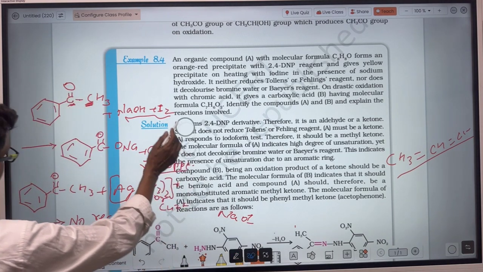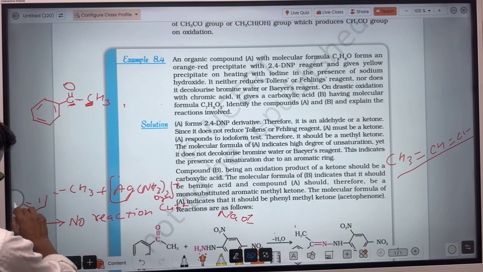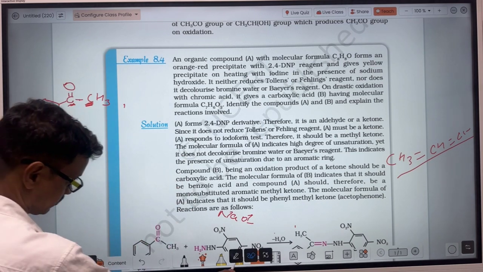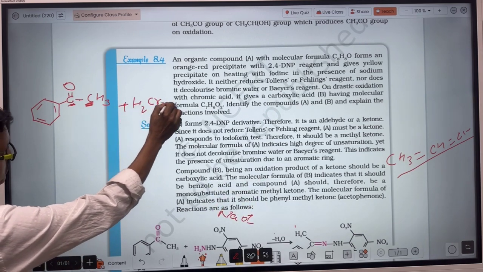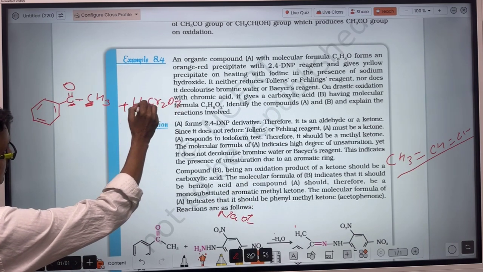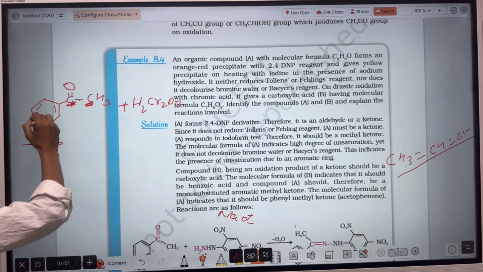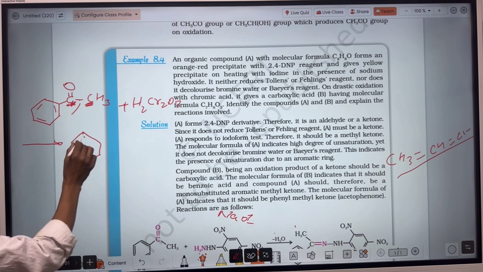Okay, so let's see here, this compound will react with chromic acid, then what forms here? This compound reacts with chromic acid, H2Cr2O7. So here there is a double bond, so it will convert to COOH, so that will form benzoic acid.